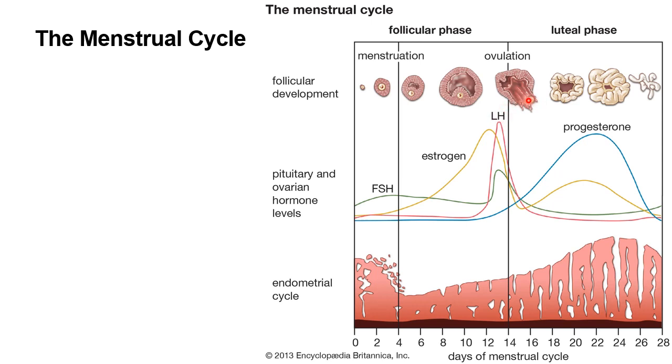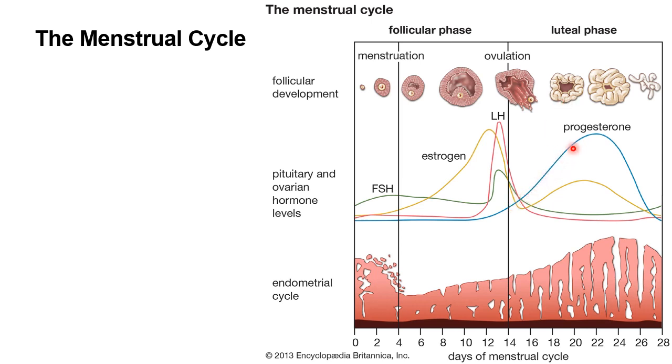So as the egg cell is ovulated, the remnant of the follicle now transforms into a very efficient gland at producing both estrogen and progesterone. This is your corpus luteum. So once the egg cell has been ovulated and the corpus luteum has been formed, progesterone now is being secreted.